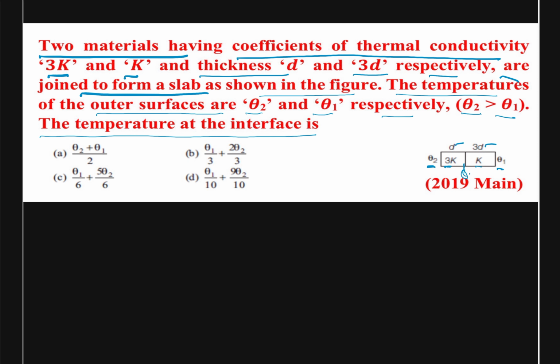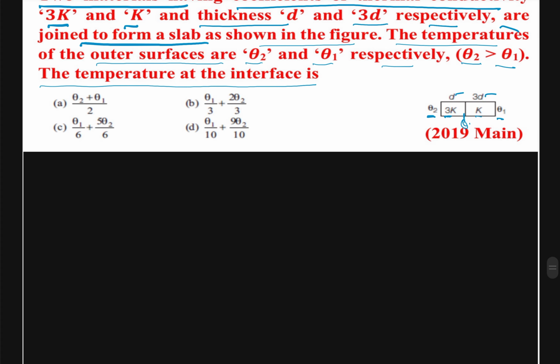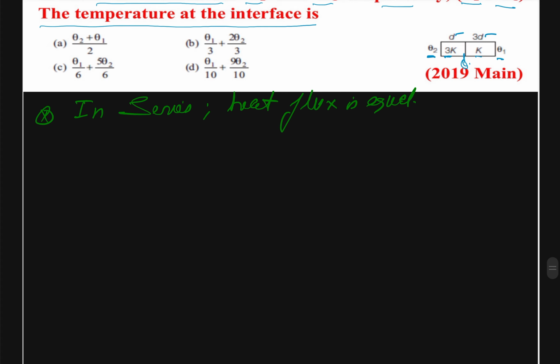Okay, so they are in series, so it means the heat flow, or we can say heat flux, is equal. So we know that in series heat flux is equal. So we can say that heat flux for our 1 will be equal to heat flux for our 2.